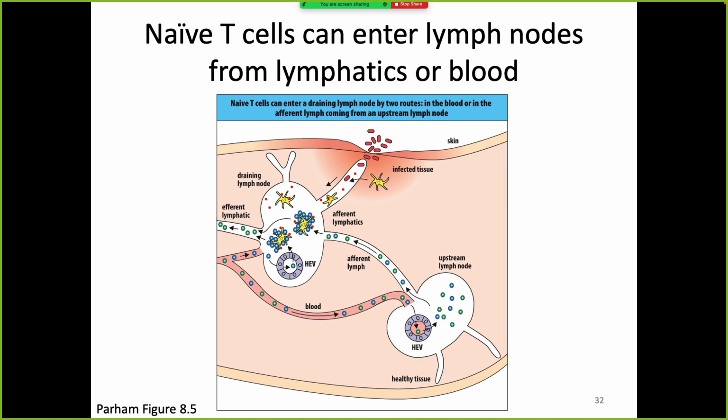They could either enter the lymph node through the blood vessels, particularly using the HEV, or they can come using a lymphatic vessel from a previous lymph node. This process that they use in order to do this is called trafficking.